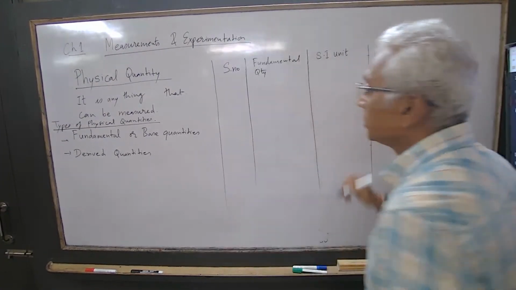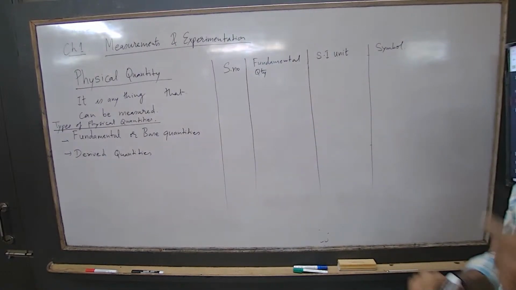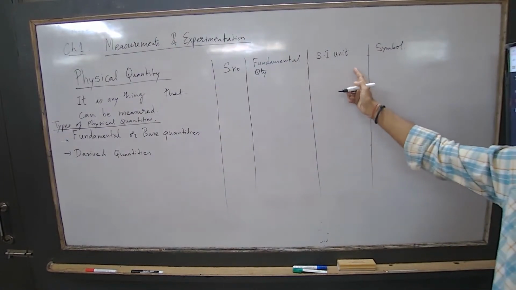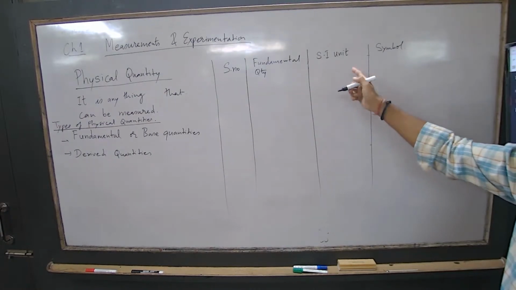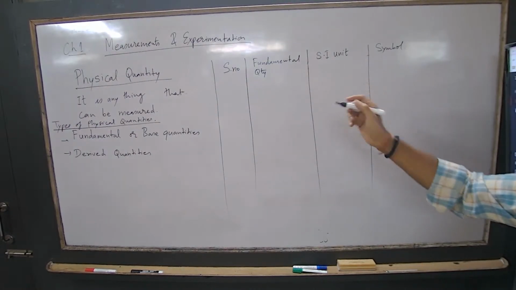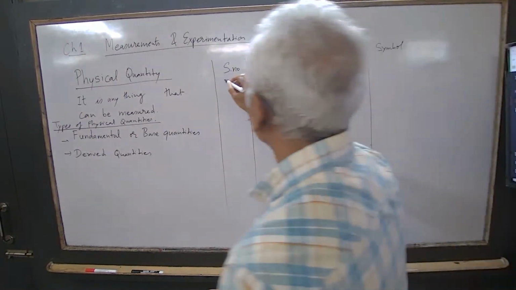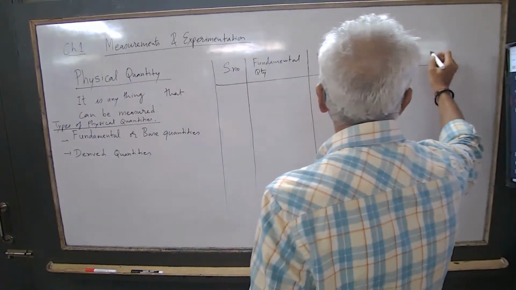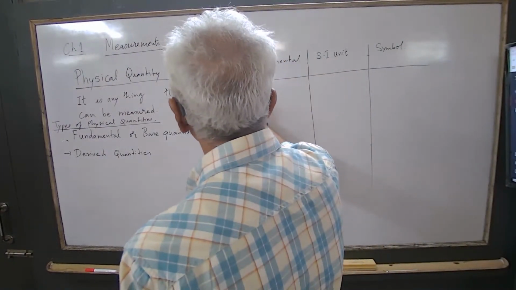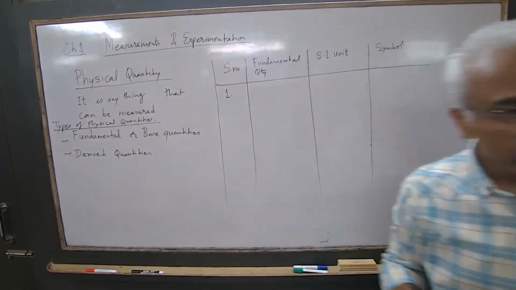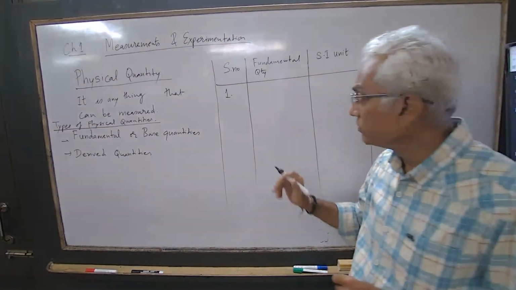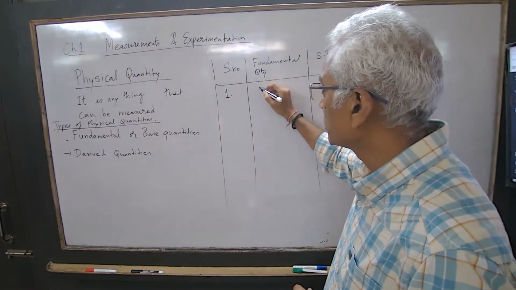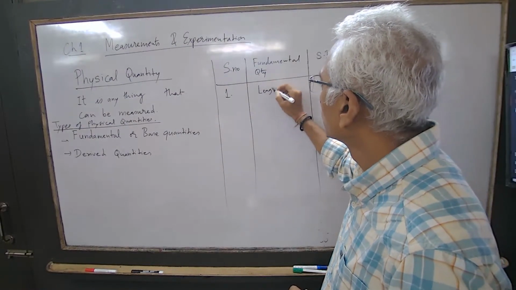Like I said, we need to measure the physical quantities. To measure a physical quantity, we require a unit. We'll explain what a unit means a little later. Right now, first write down what the fundamental quantities are and what their units are. The most familiar physical quantities are length, mass, and time, which we come across on a daily basis.